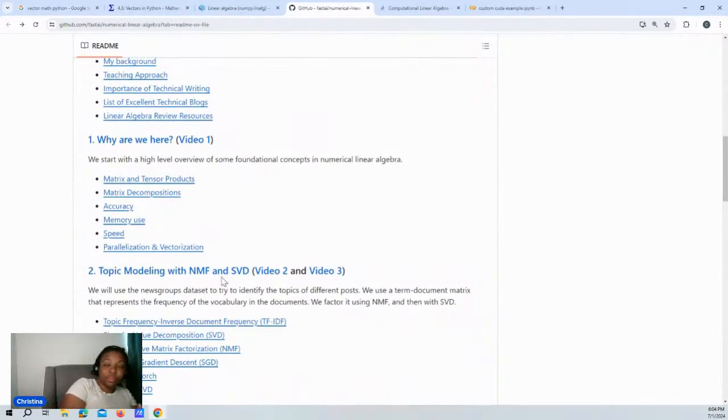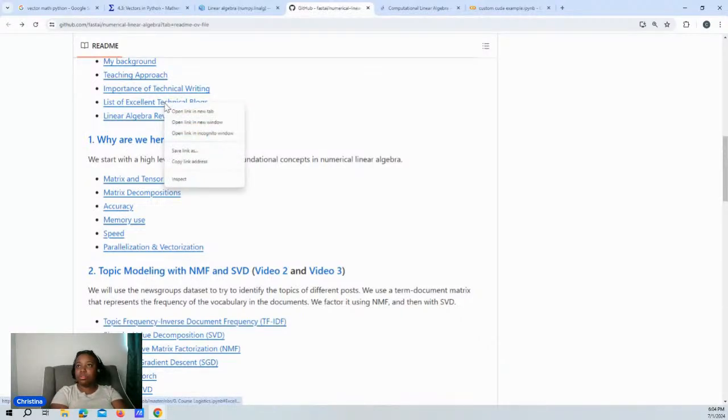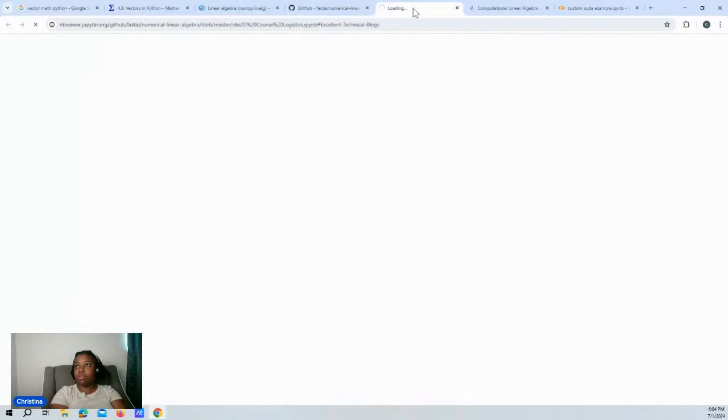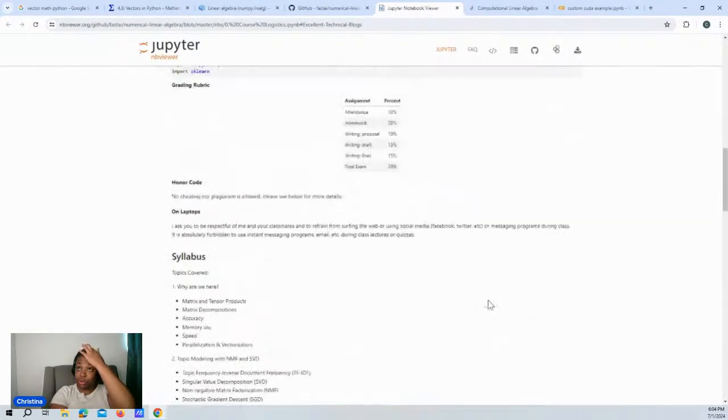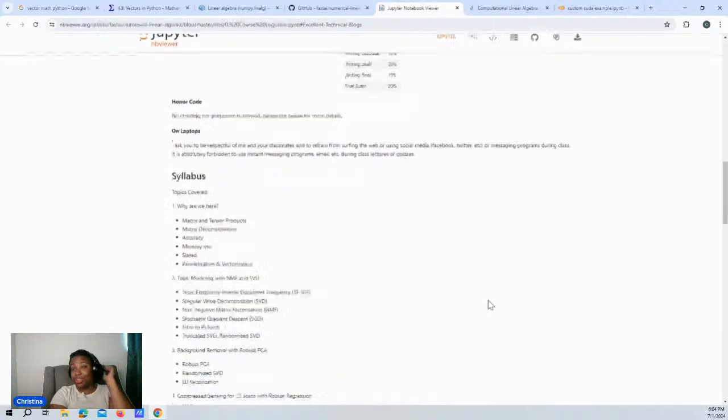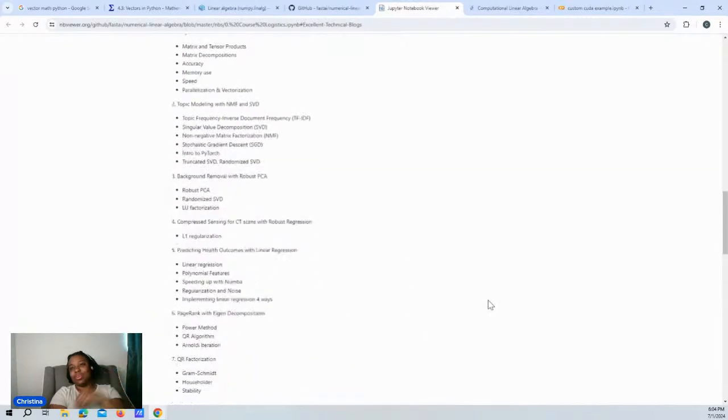Part of me wants to go through their stuff because I've been through it before. But I'm also wondering, depending on where I want to take things, about looking more deeply into the linear algebra. When I was in college, I think I actually did pass linear algebra. It was one of the courses I did pass.